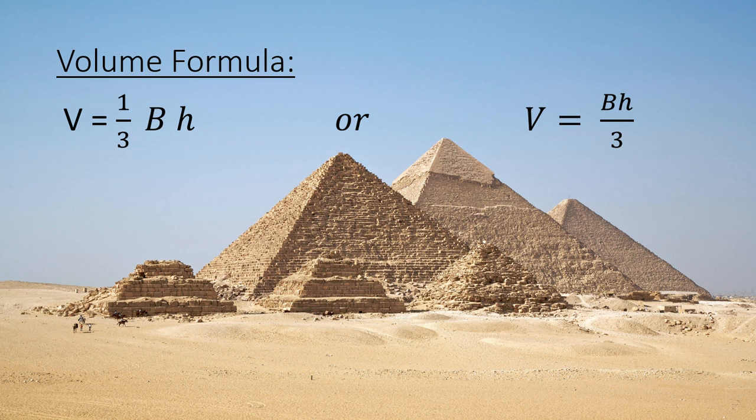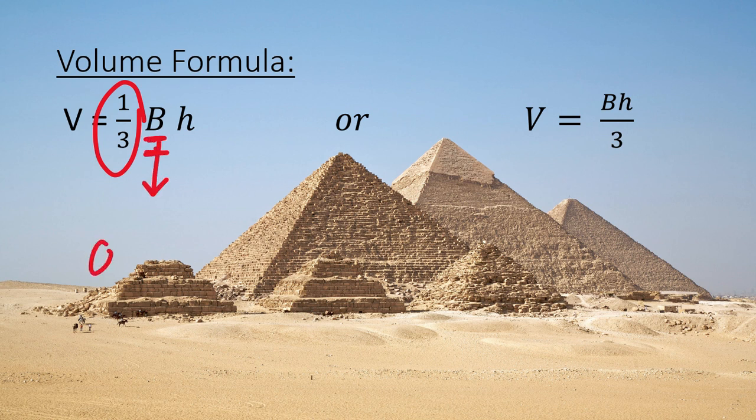Yep, take a minute, freak yourself out by looking at this formula. What is all of this? Don't worry, I'm going to give you an easier one. But write these down because they are the given formulas. The first way we can write it is volume equals 1/3 big B, capital B, times height.